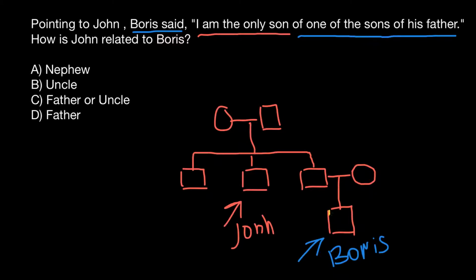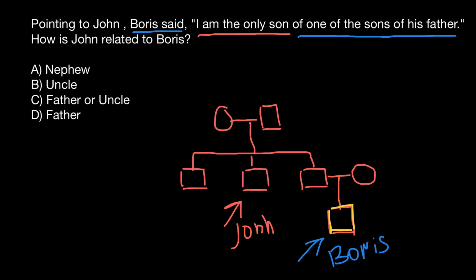I am the only son, and he's the only son, as you see, of this couple, of the sons of his father. So John's father has sons, and I am the son of one of those sons.